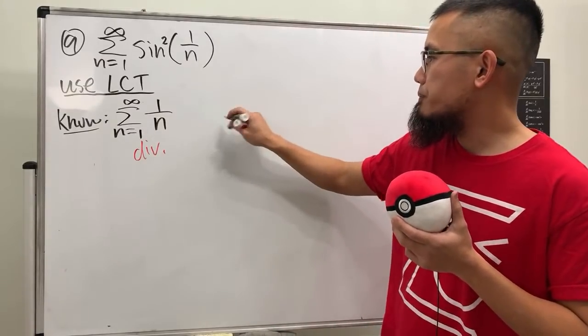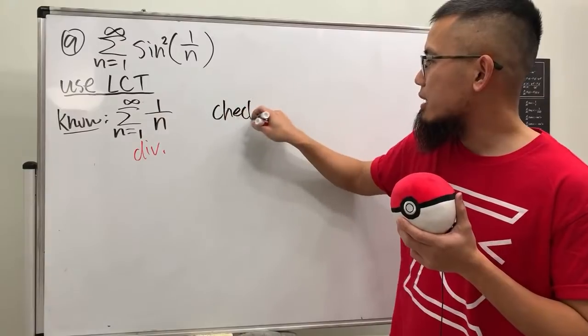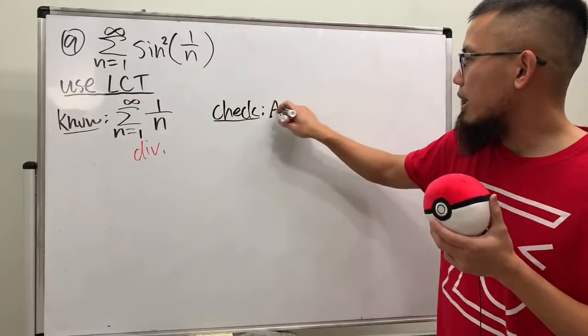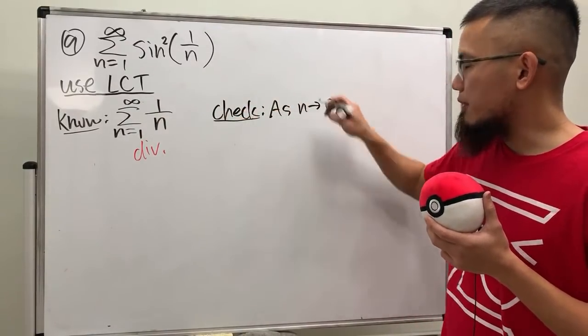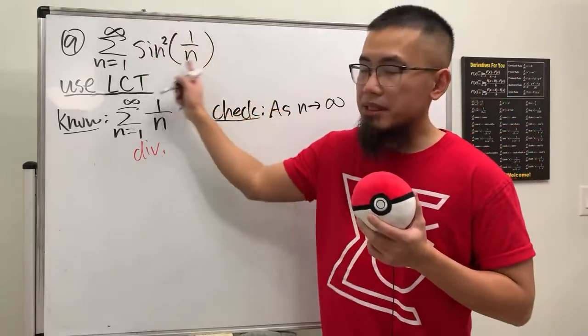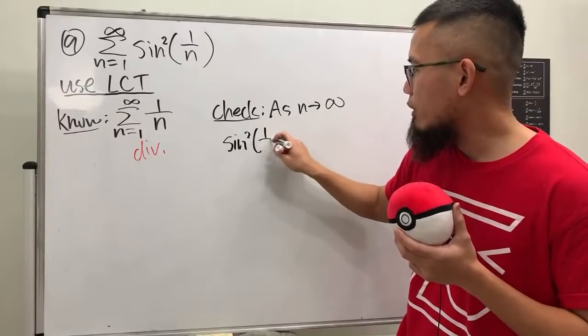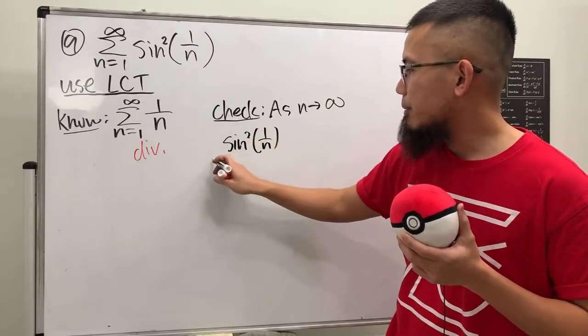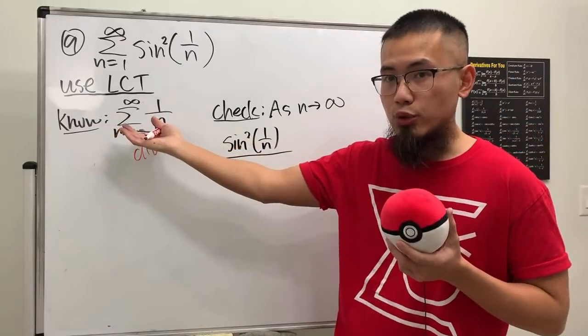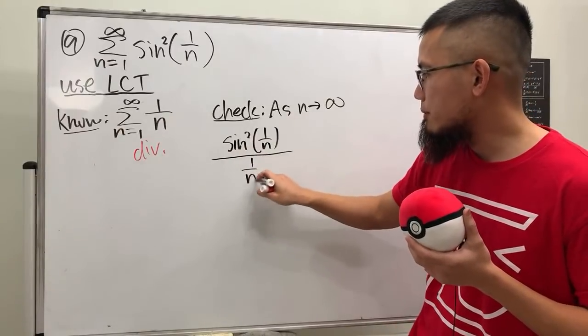And if you go ahead and check the limit as n goes to infinity, put down this one right here on the top. So we have sine squared of 1 over n, yeah? And then put down the one that we are trying to use right here, which is 1 over n.